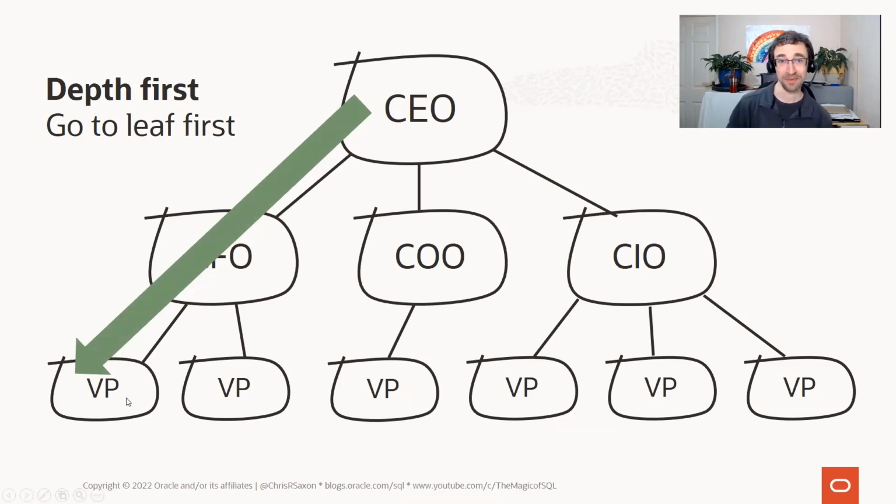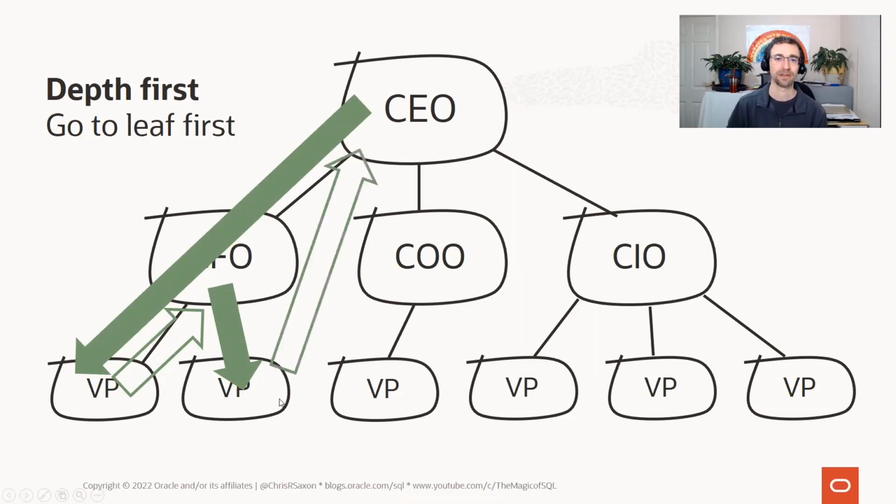Having got to the bottom of the tree here, we then go back up to find a row with an unaccessed child. So we'll go back up to the CFO and ask, does this have an unvisited child? The answer is yes. We go to that VP. We're at the bottom of the tree again. So at this point, we'll go back up to the CEO. We'll pick one of their children, one of their direct reports as the next one.